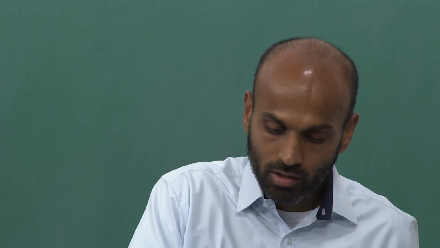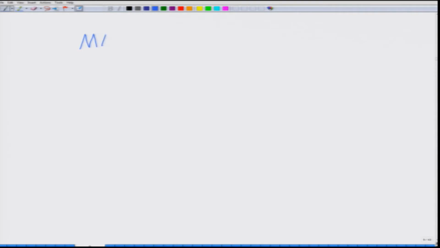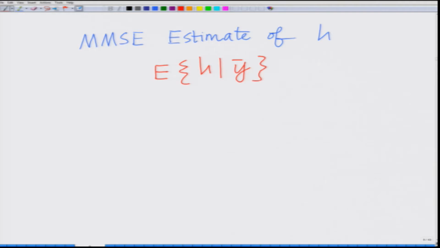Previously we have seen that the MMSE, or the minimum mean squared error estimator of an unknown parameter h, is given as the expected value of h given y bar, where y bar is the observation vector. So the MMSE estimate of this parameter h is basically the expected value of h given y bar.